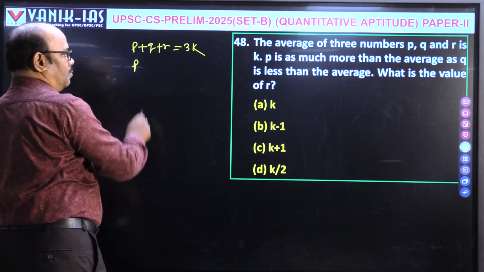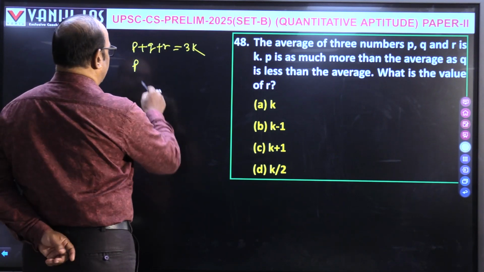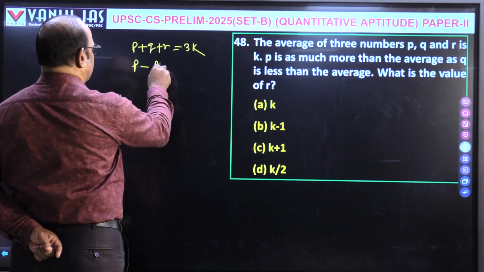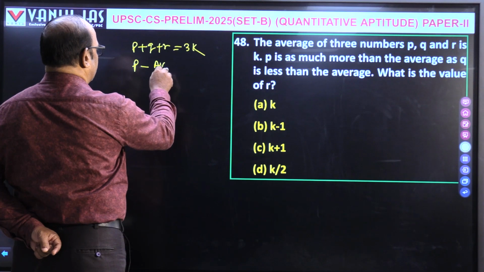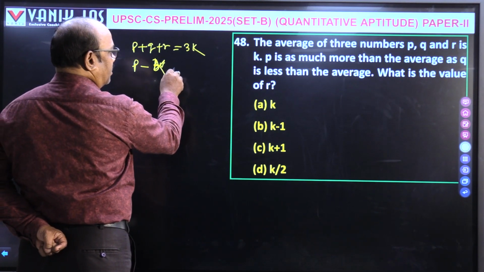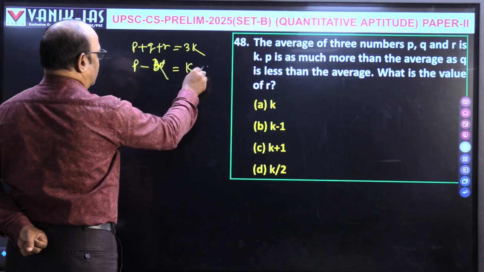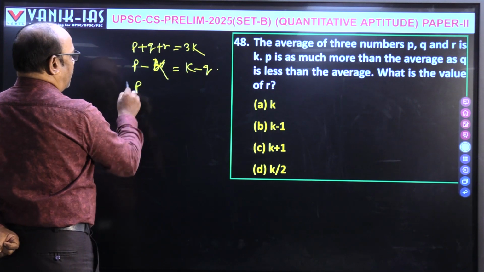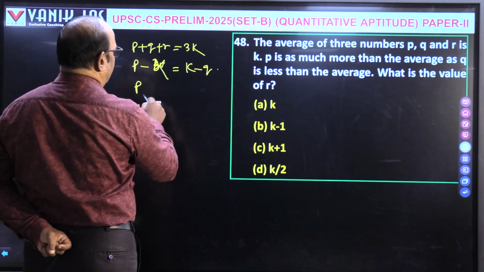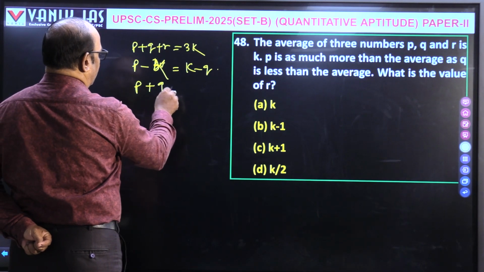P is as much more than the average as Q is less than the average. So P minus the average, P minus K, is the same as Q less than the average, K minus Q. So I can say P plus Q equals 2K.